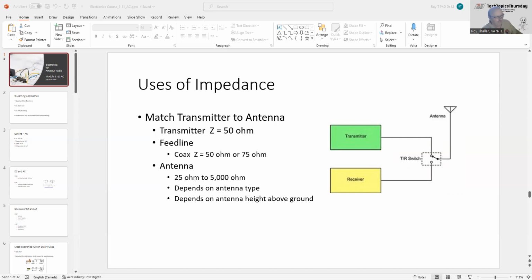Now if your feed line happens to be resonant to a wavelength of the frequency you're using, you might get strange things happening. So if it works on some bands but doesn't work on another band, it could be because your feed line is resonating on that particular frequency, and you may want to try a different length of line to see if you get a different result.